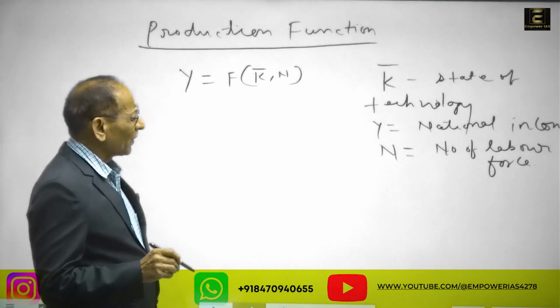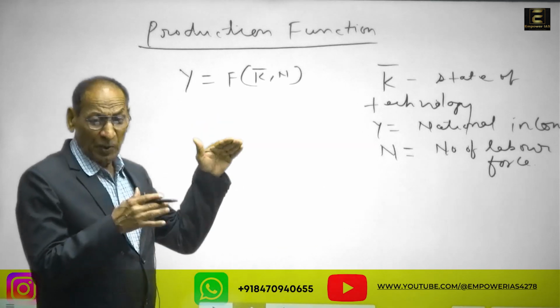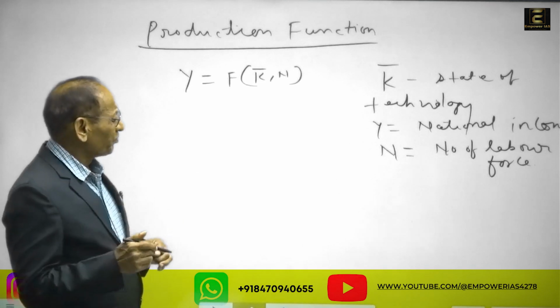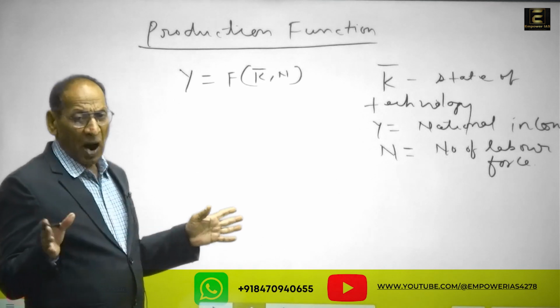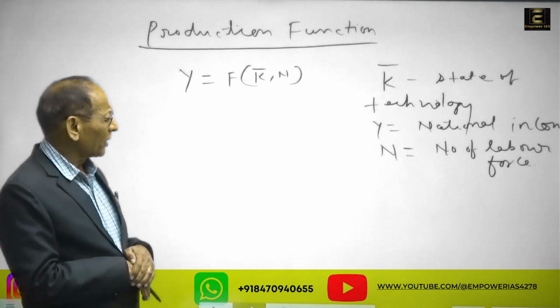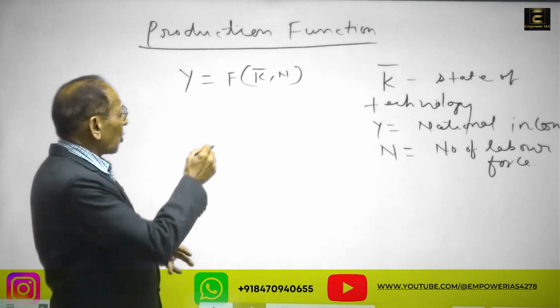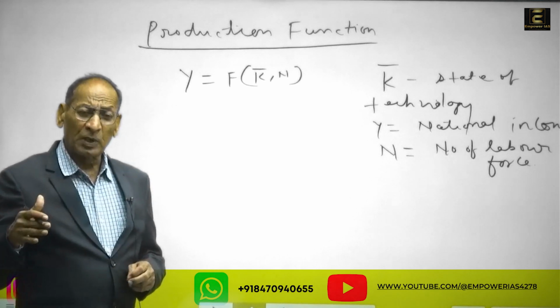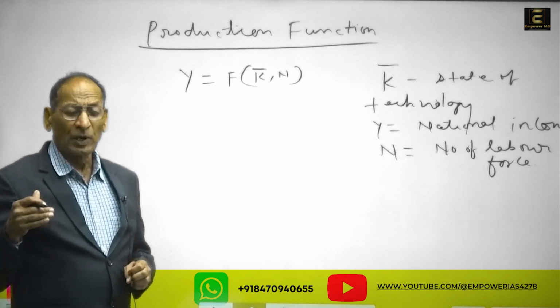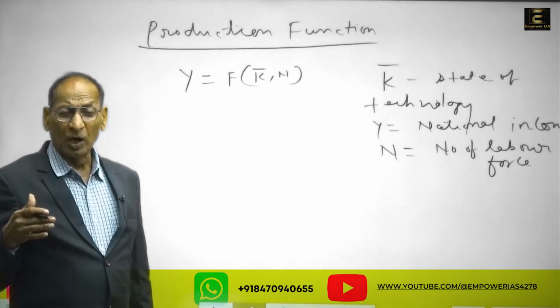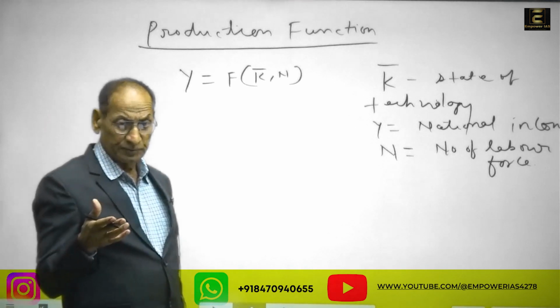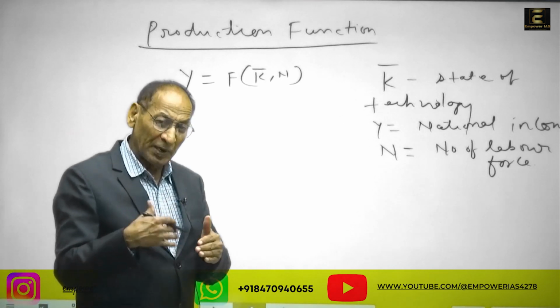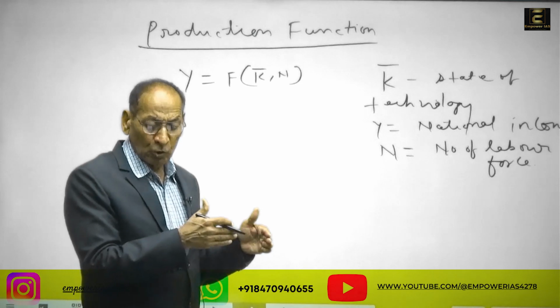This production function has been taken to derive the demand curve. And k bar is constant. It means that the output of the economy is wholly dependent on the number of labor force. Means as the labor increases, output will also increase.